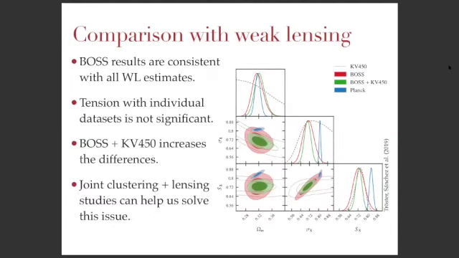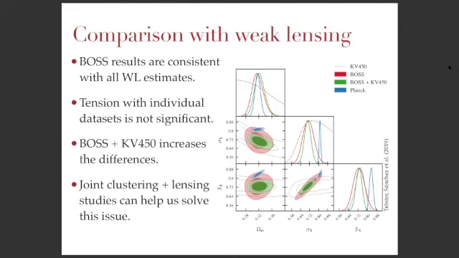So we wanted to see what happens if you combine this with other low redshift measurements, and here this is the same plot that I showed before, but I also included the constraints from KiDS data. So these are lensing measurements that also constrain these parameters independently, also assuming lambda CDM.